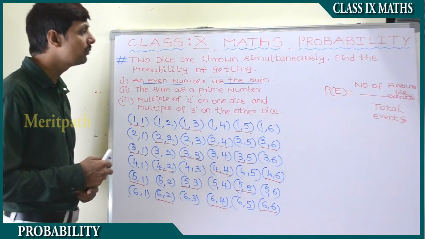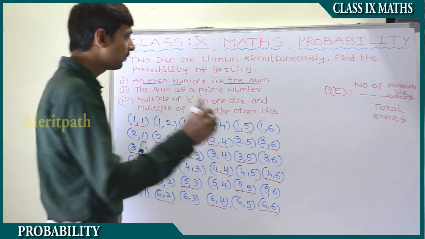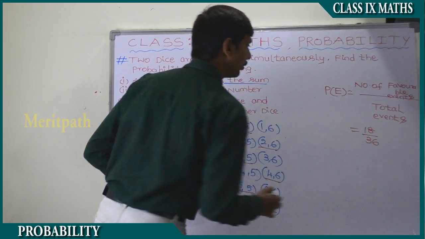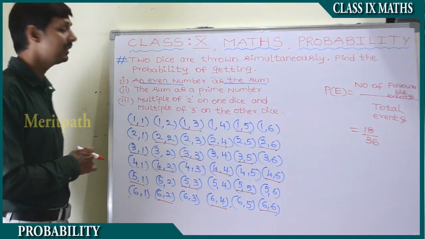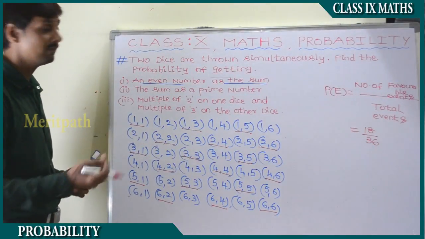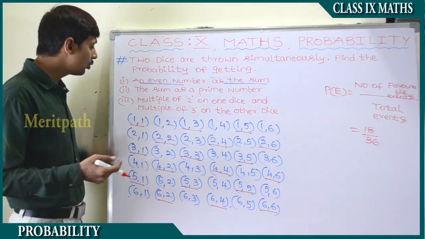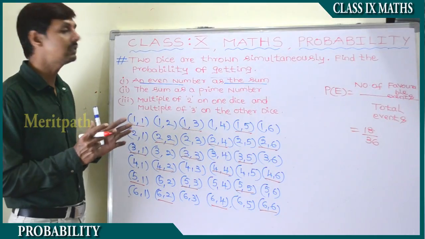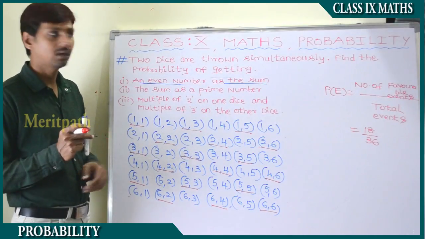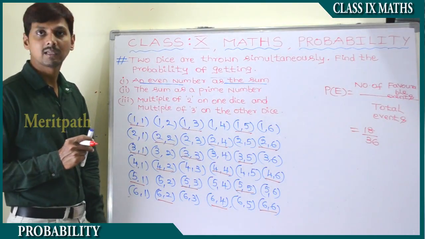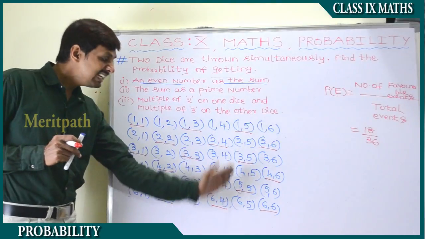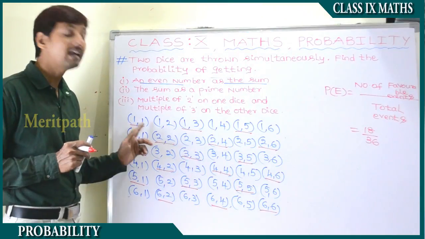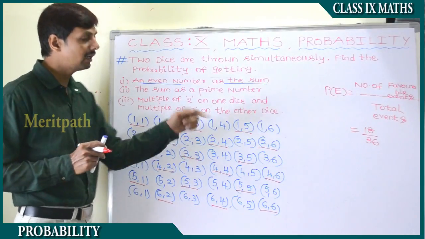We got 18 events out of 36, because the total number of events is 36. Out of these 36 events, the even number as a sum occurs in 18 events. We counted all those with even sums, and we got 18 events.